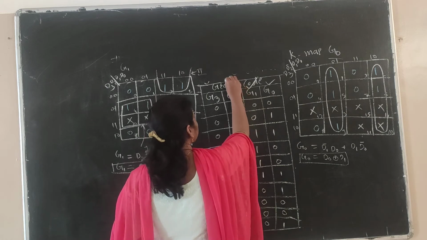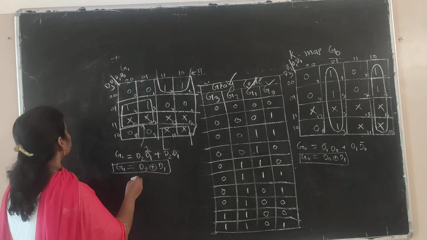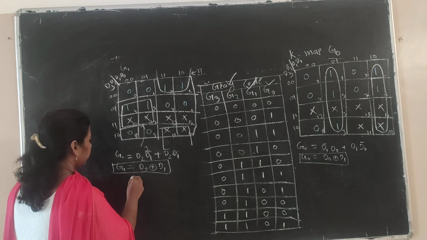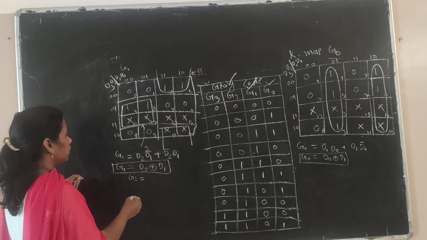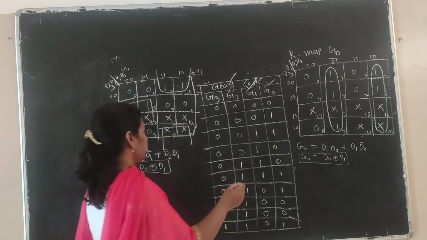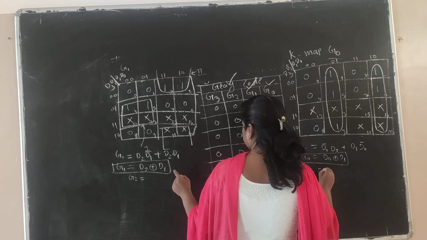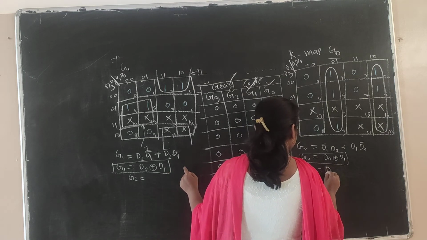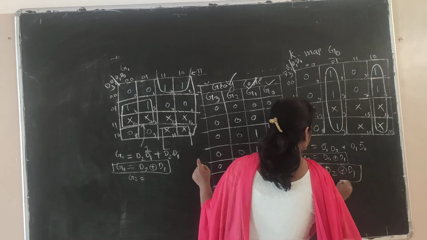Now we have to go for G2. That's why we will put this equation beside here. G1 equation is D2 XOR D1. This is the another one.